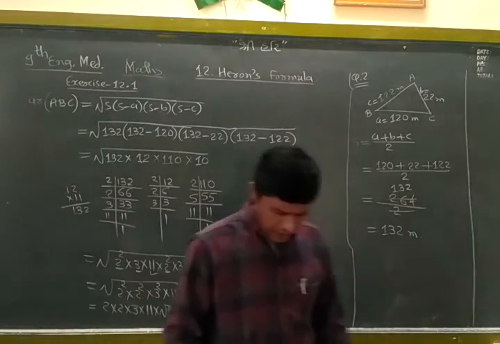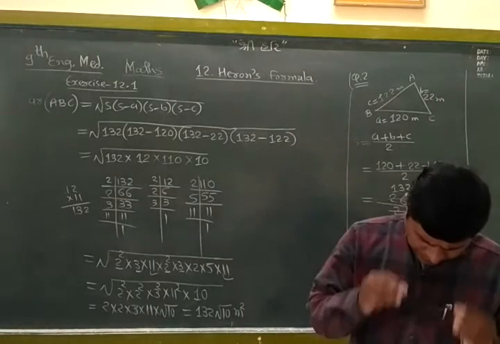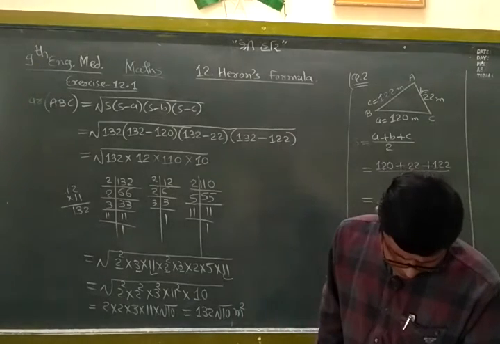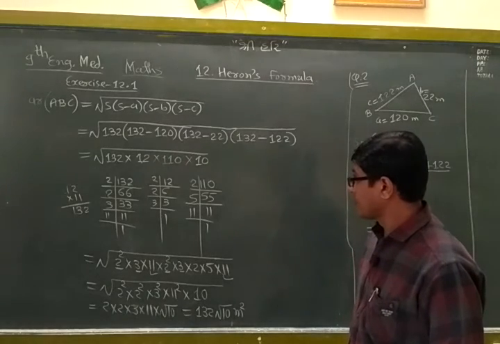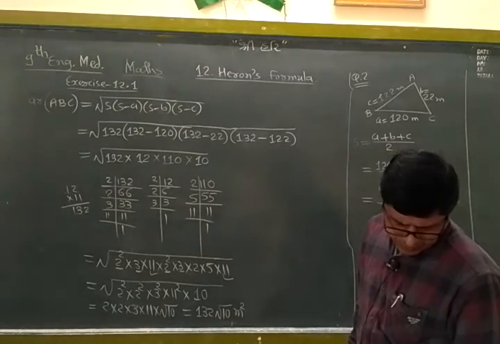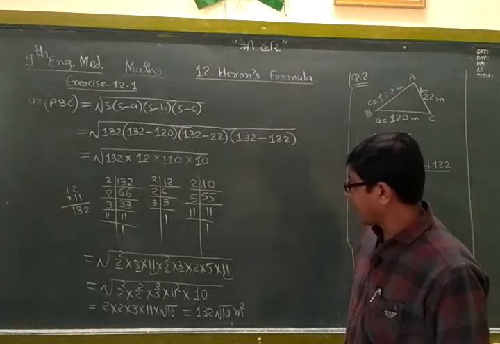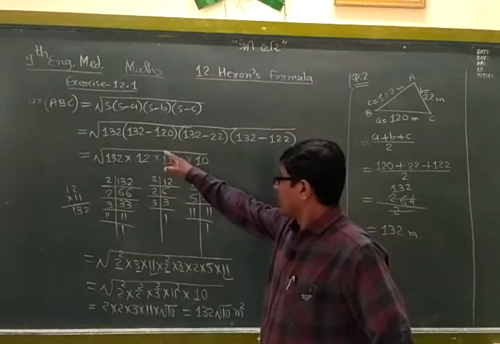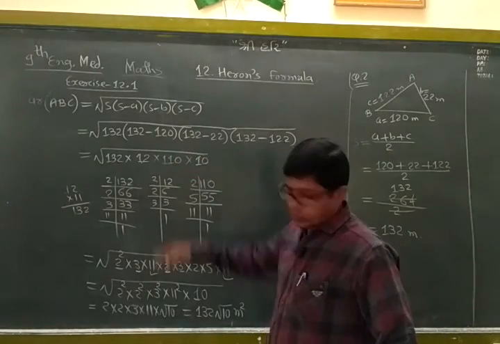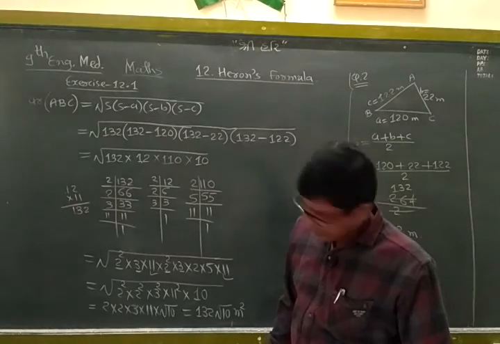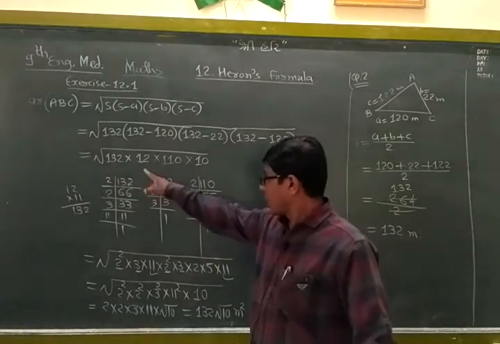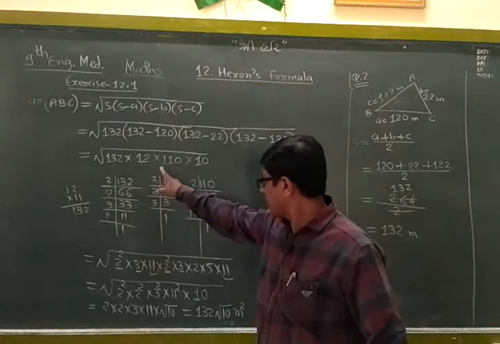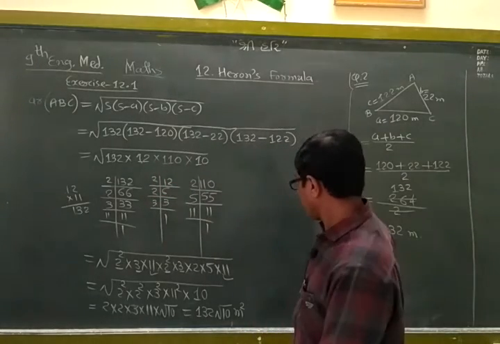Okay, this is 132, also 10. Here 2 120, 12 also, 12 into 10 is 120.